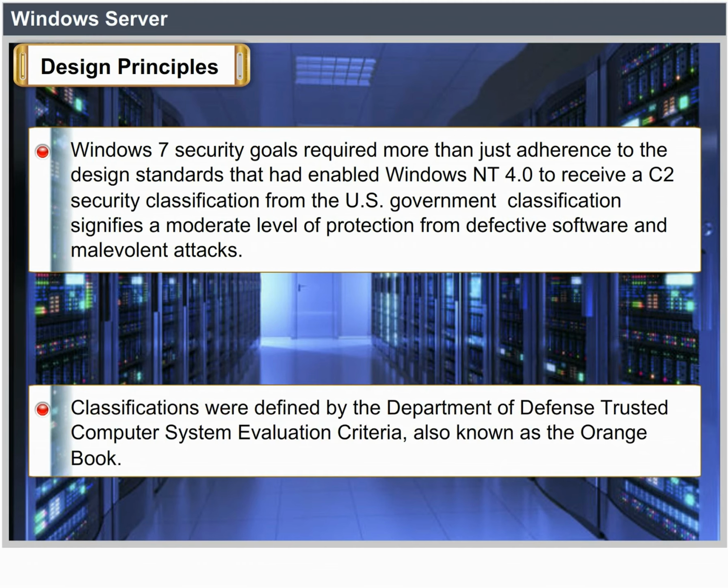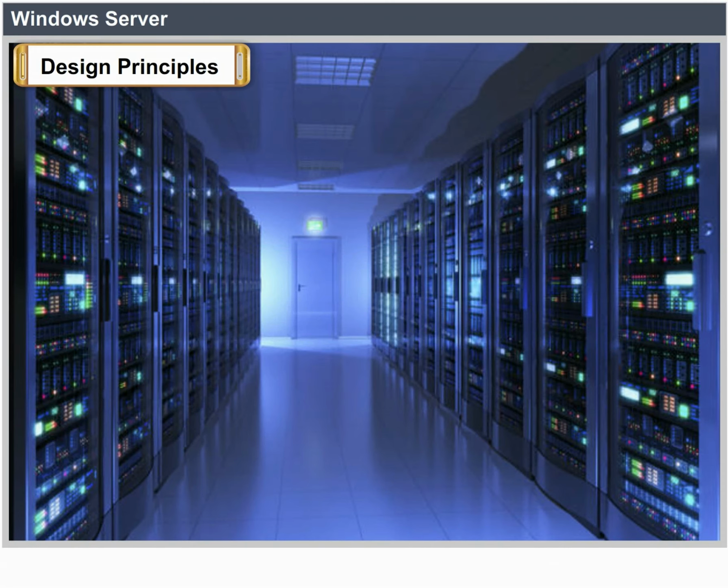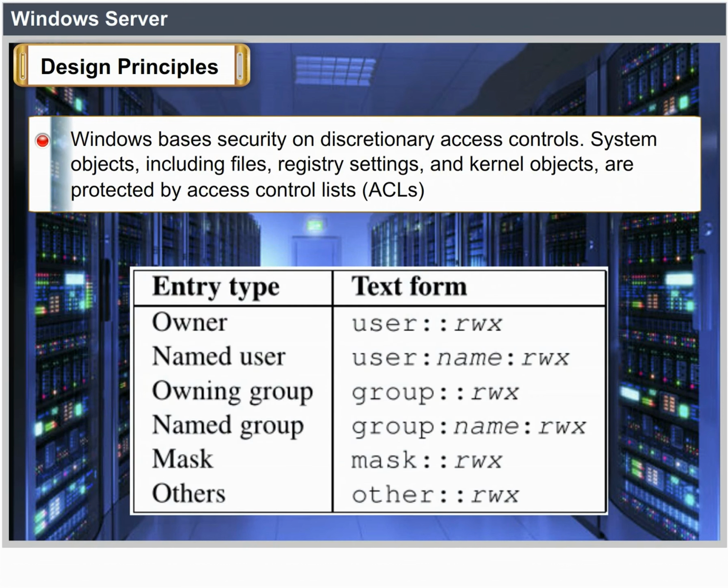Classifications were defined by the Department of Defense Trusted Computer System Evaluation Criteria, also known as the Orange Book. Extensive code review and testing were combined with sophisticated automatic analysis tools to identify and investigate potential defects that might represent security vulnerabilities. Windows bases security on discretionary access controls.